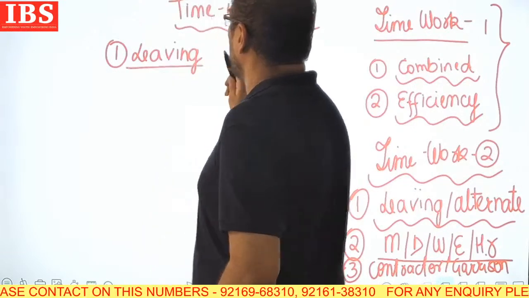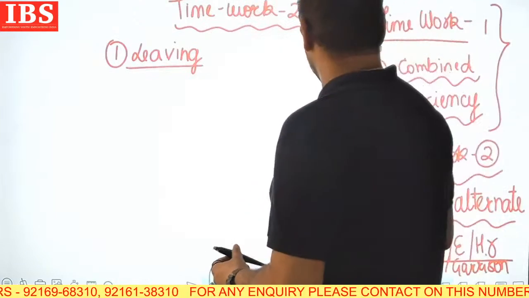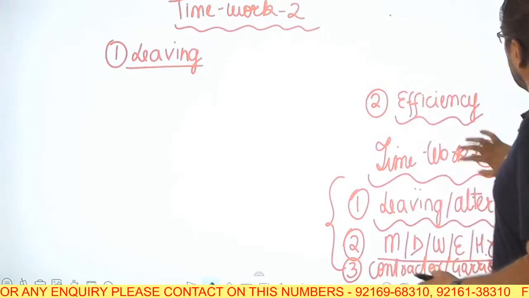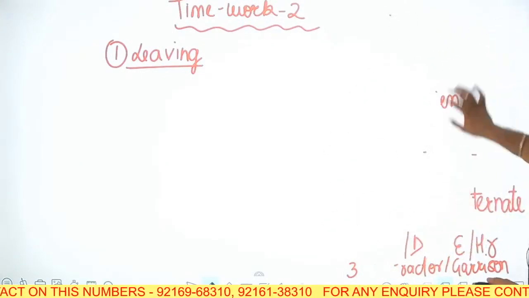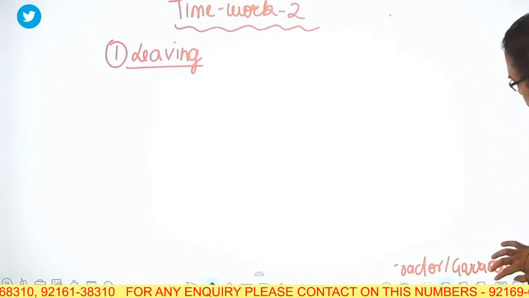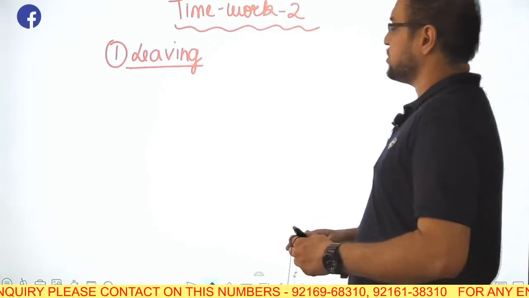Men or women, they leave the work or they work alternately one after another. So how it is done, let us see in the coming conceptual knowledge, how the men leave and how they work alternately one after another.